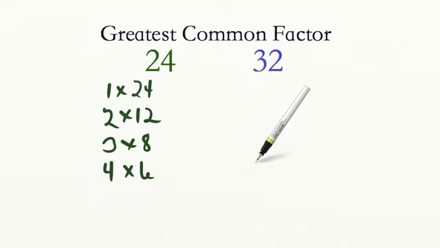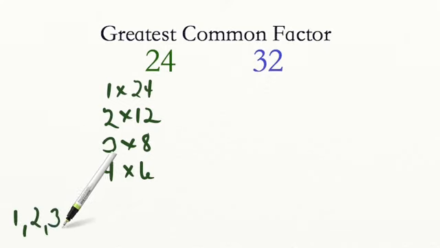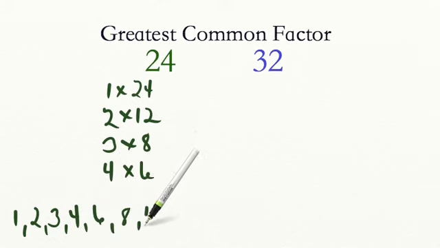There aren't any other whole numbers that we can multiply together to equal 24. So now let's list those in order from least to greatest. The factors of 24 are 1, 2, 3, 4, 6, 8, 12, and 24.